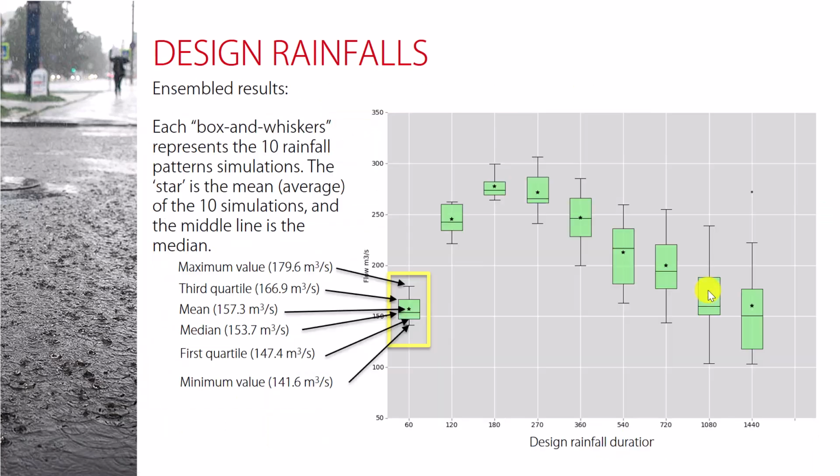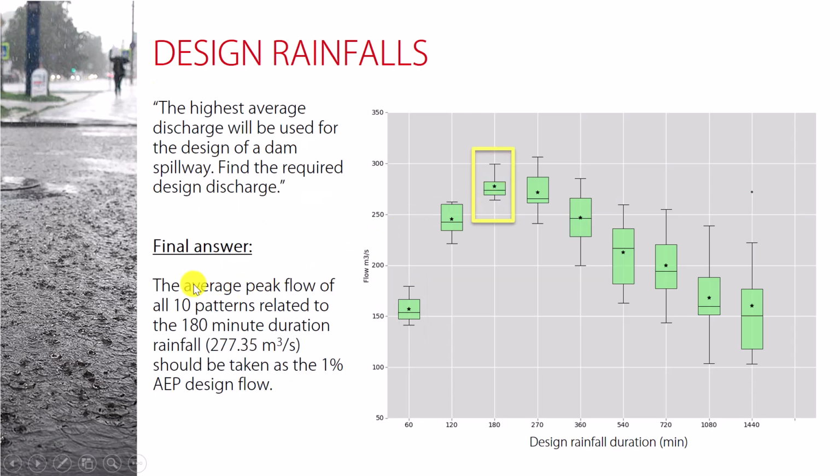So the critical duration for this catchment is 180 minutes, and the average discharge is the one represented by that star here. So the average peak flow of all 10 patterns related to the 180 minute duration rainfall should be taken as the 1% AEP design flow.